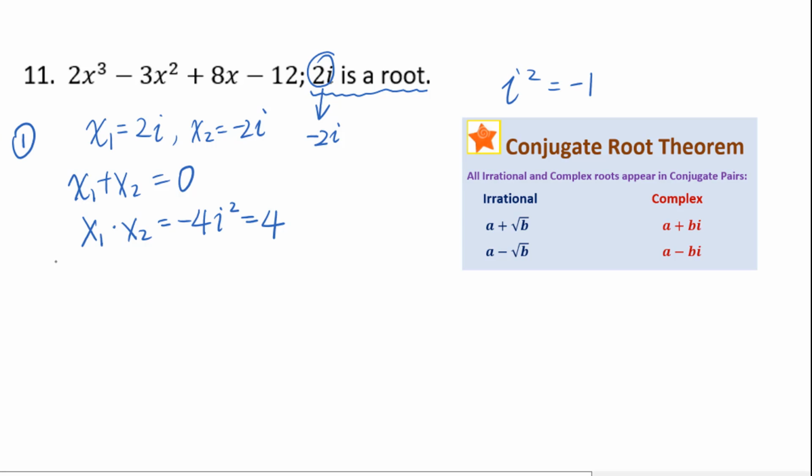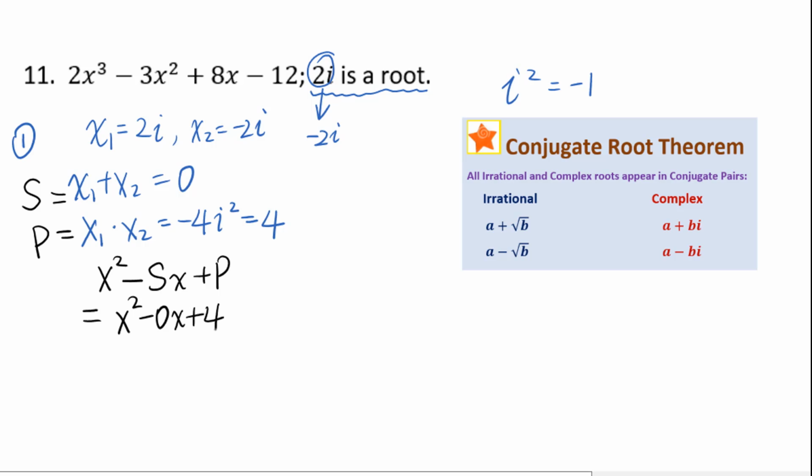Then we go to Vieta's form to write down the quadratic function: x squared minus sx plus p. x1 plus x2 is s, x1 times x2 is p. So we have x squared minus 0 times x plus 4.